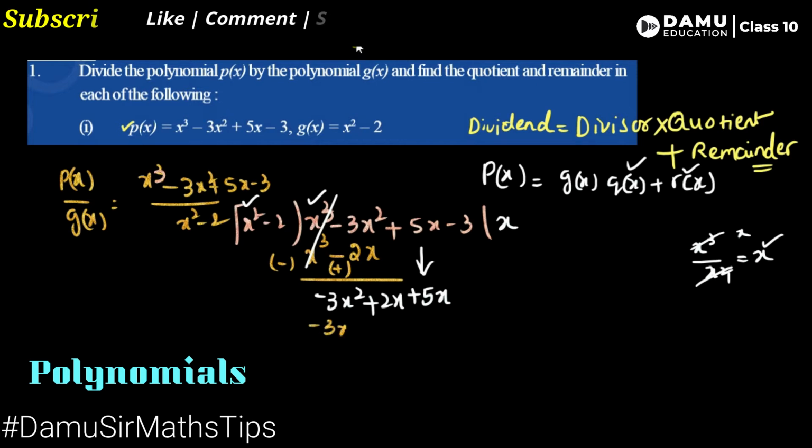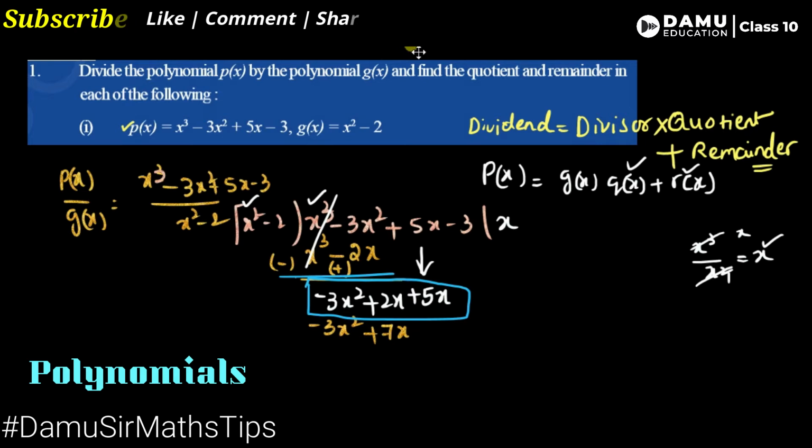This is actually minus 3x square plus 7x. Then again we have to multiply. So this one, keep it in a box. Why? Because we added 2x plus 5x, and it becomes 7x. Then what is the next step?